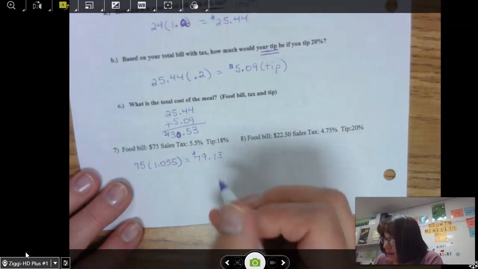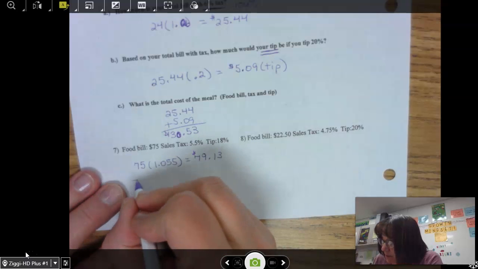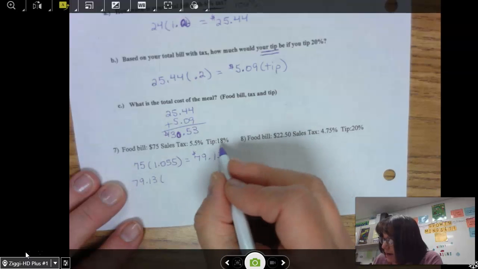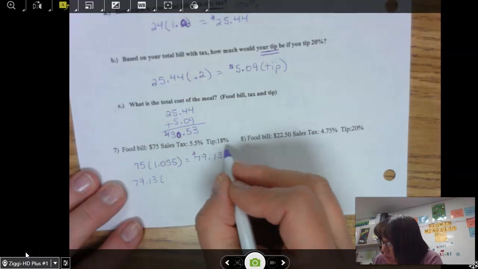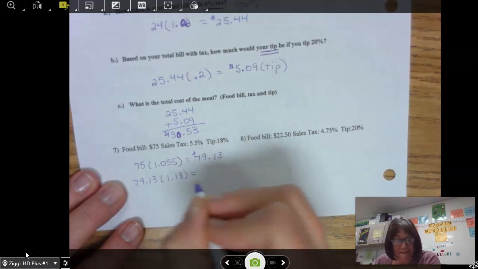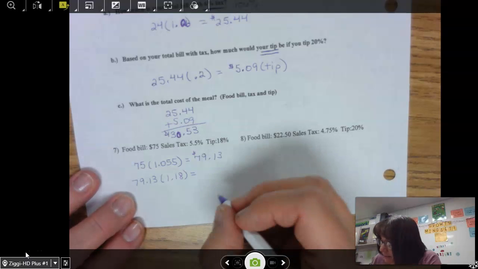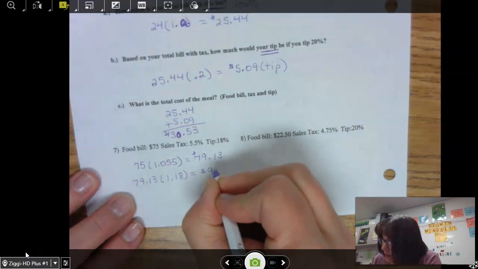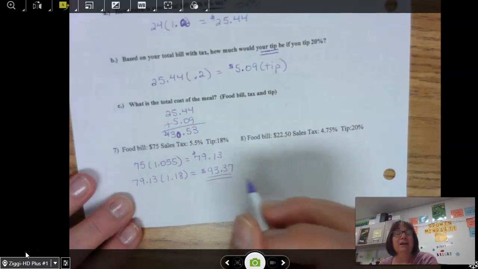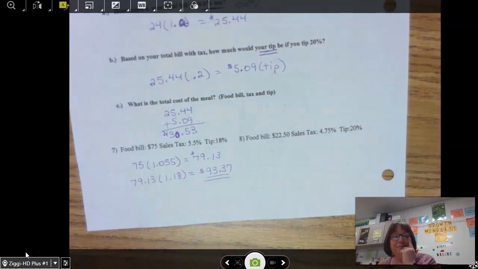Now I'm going to tip 18%, so I'm going to take that price, the $79.13, and tip. Now I have 118%, so it'd be 1.18. And when I multiply that, I get $93.37. Hopefully you had the same answer.